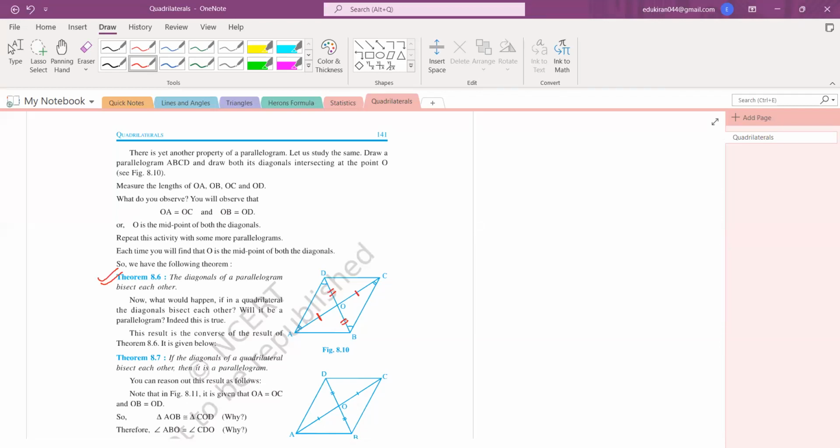Now the next theorem is exactly the converse of this theorem. This theorem 8.7 is the converse of this. So if it is given that the diagonals bisect each other, therefore it is a parallelogram. If the diagonals of a quadrilateral bisect each other, then it is a parallelogram. So we will do the proof. Please write 8.7.